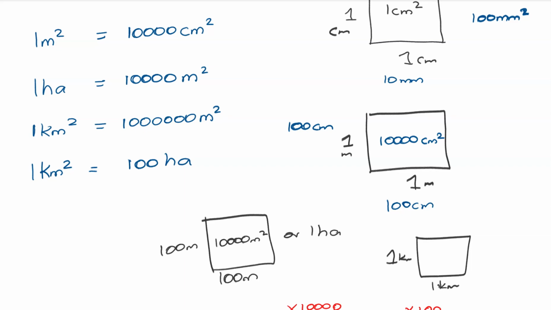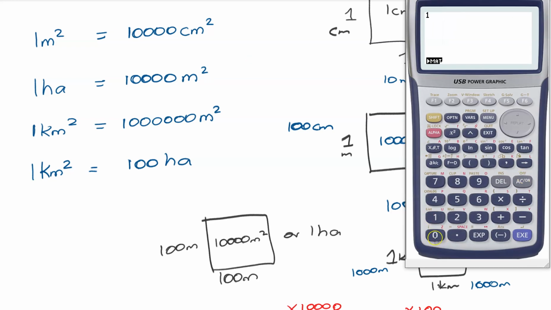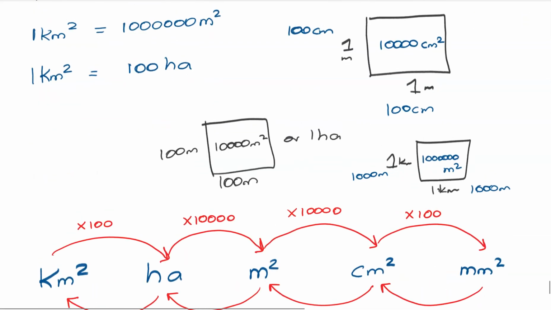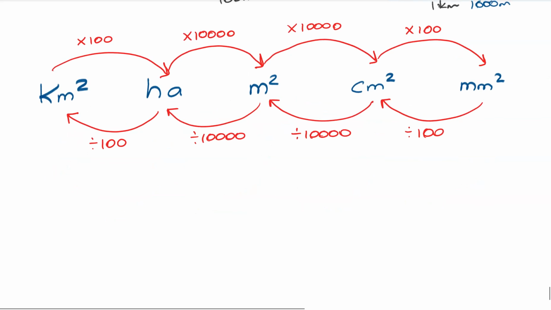If we converted that, that is 1,000 meters and 1,000 meters. And if we went 1,000 times 1,000, that equals 1 million meters squared.